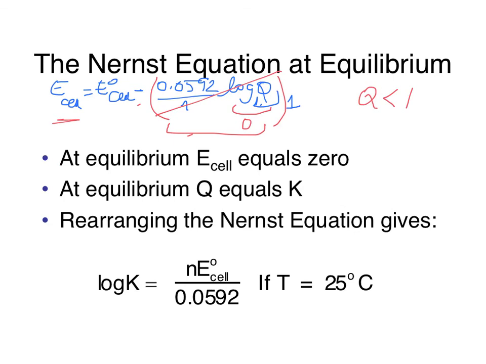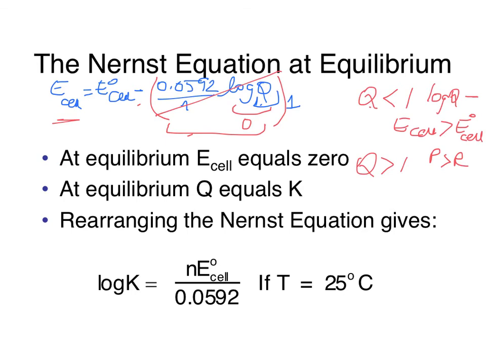Let's just write that down first. Q less than 1, that means log Q is negative, which implies E cell is going to be greater than E naught cell. And if Q is more than 1, in that event you have a greater concentration of products than the reactants.